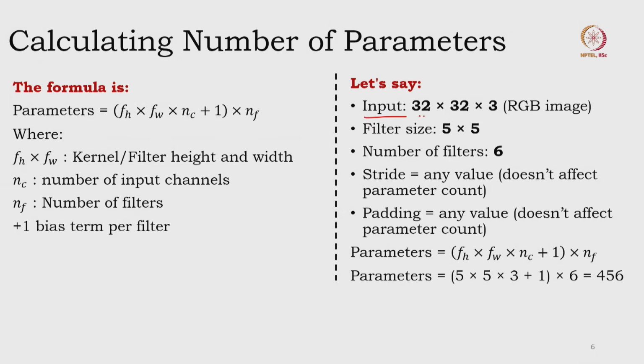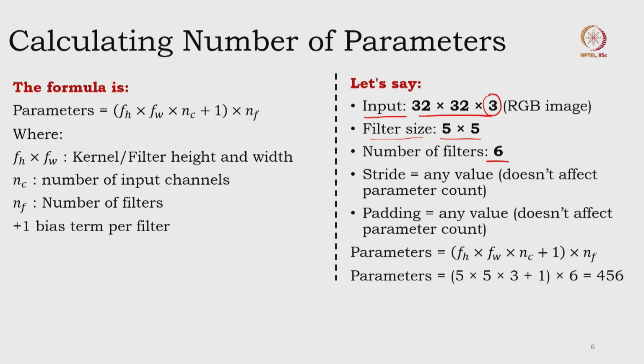You require an input. Here the input is 32, 32, 3. The 3 here is because we have considered an RGB color image. The size of the filter that we have considered is 5 cross 5. Now, why 5 cross 5? Why not 3 cross 3? It's a hyperparameter, as I said. So, for this particular example, we have considered 5 cross 5. How many such filters have we considered? 6 such filters.